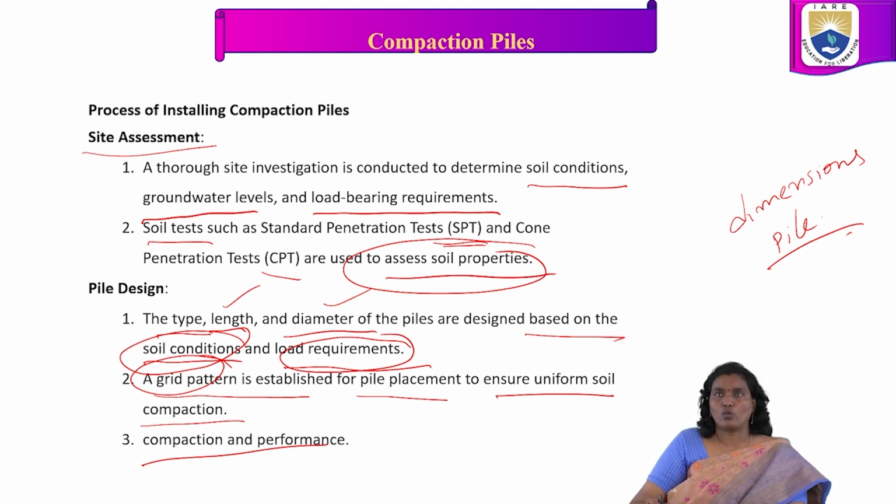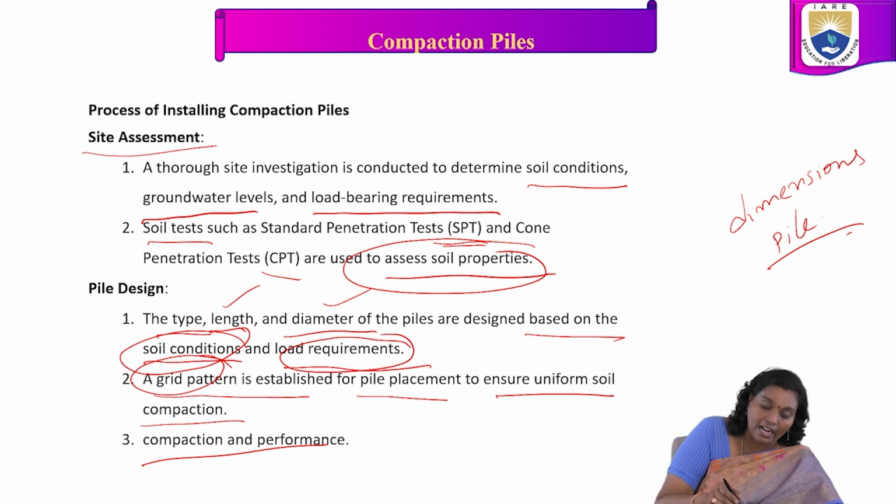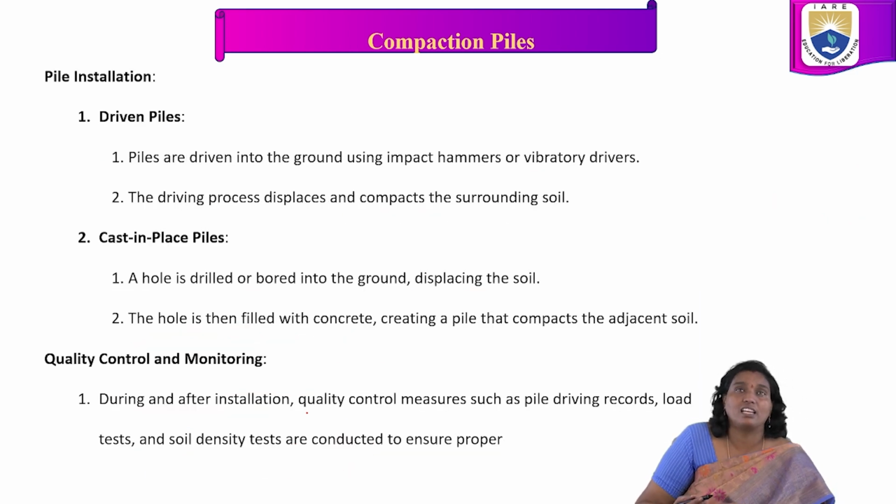The first one, we are going to give the dimensions of the pile as per the assessment based on the soil conditions and the requirements. The grid pattern is also established for pile placement to ensure uniform soil compaction, and we are going to compact and check the performance.